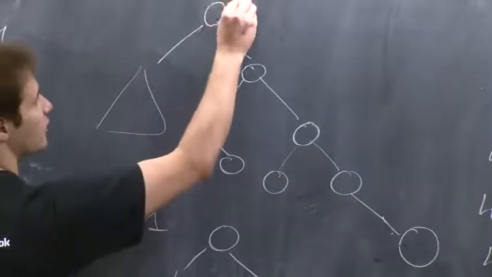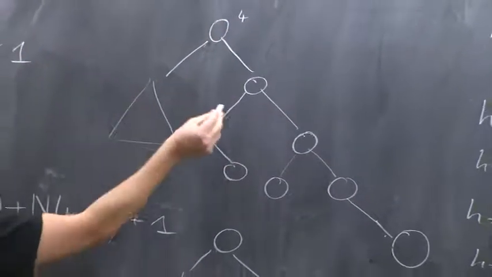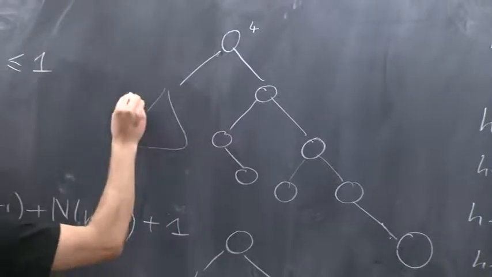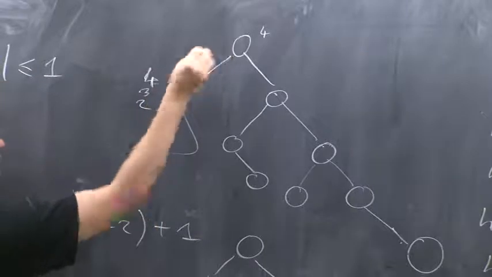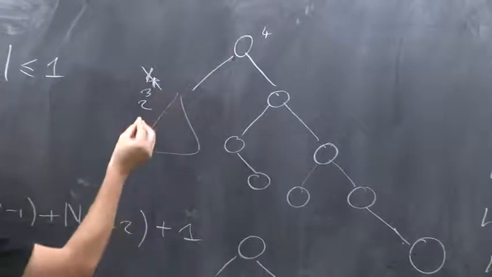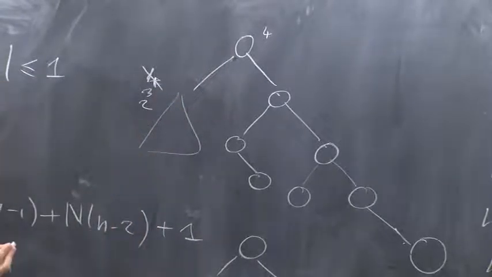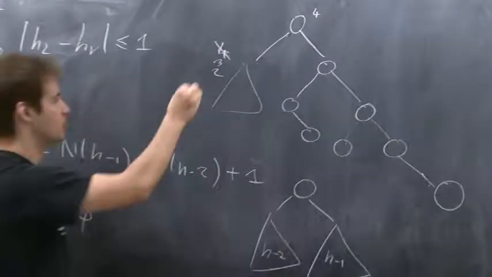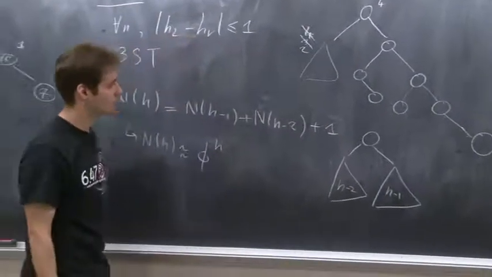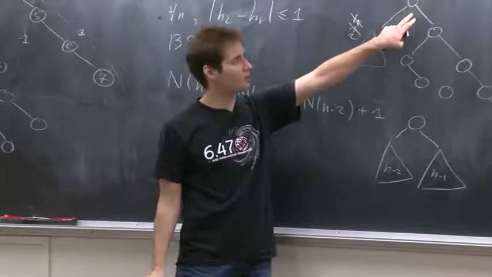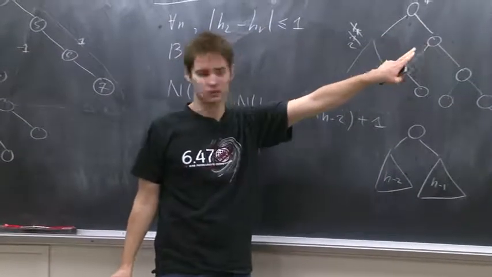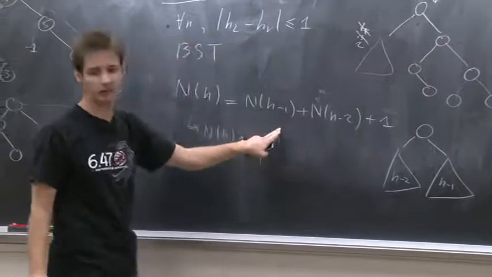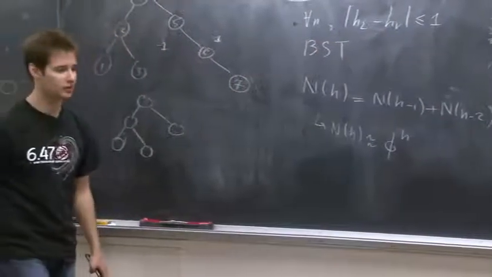I know for sure that this node has height 4, so the difference has to be plus or minus 1. So 2, 3, 4. I know for sure I don't want it to be 4. And now I have to choose between 2 and 3. A tree of height 2 will have fewer nodes than a tree of height 3. So that's why we're doing it this way. To build a tree of height 4, build a tree of height 3, build a tree of height 2, connect them together. So that's how we get to this and then this. Okay, cool.